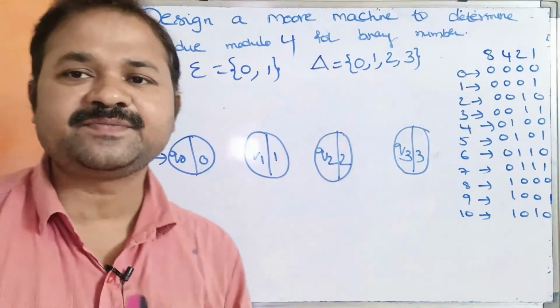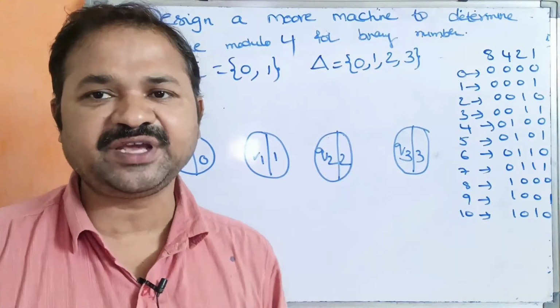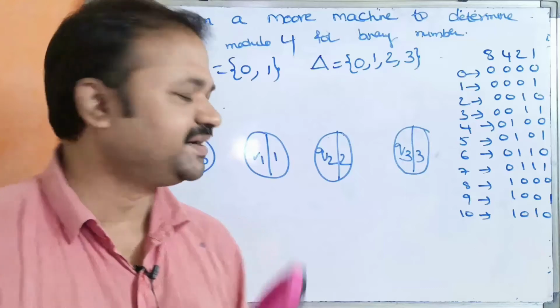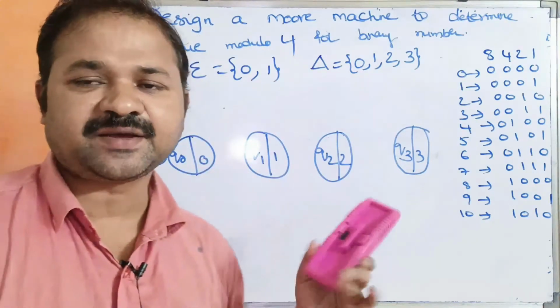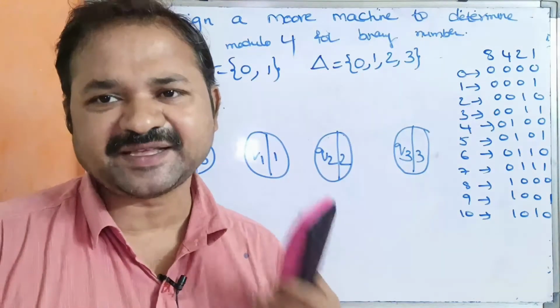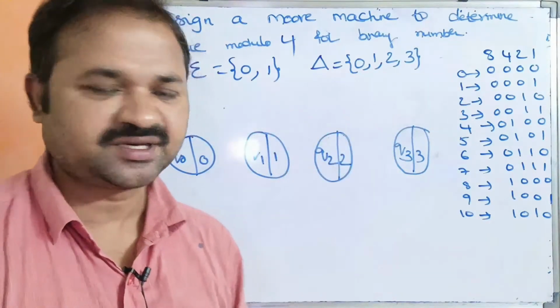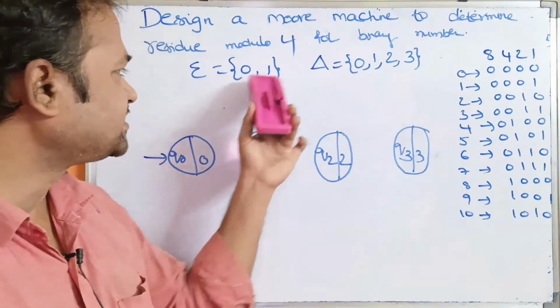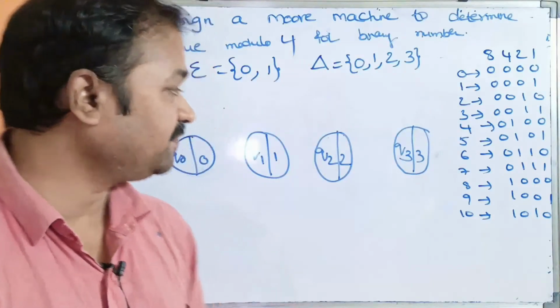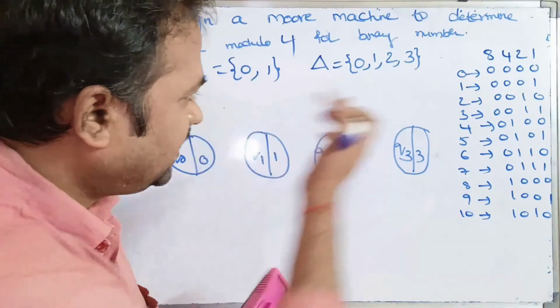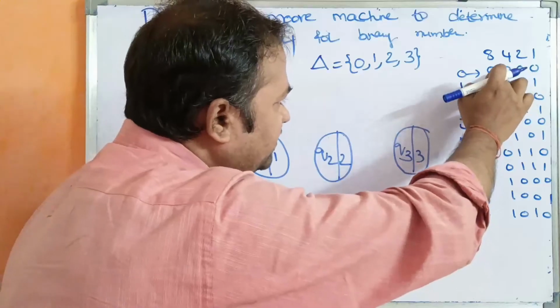Constructing a Moore machine is nothing but constructing a DFA. We know what a DFA is: each state must use all the symbols present in the alphabet. Here the input alphabet contains 2 symbols, so each state must use 0 and 1. Okay, now let us consider the first one.